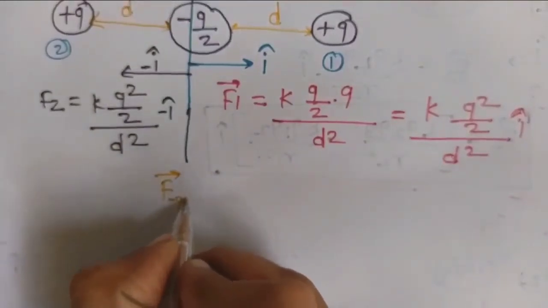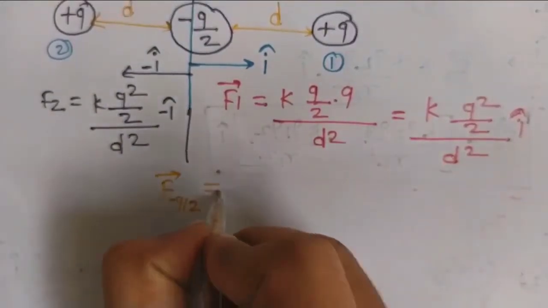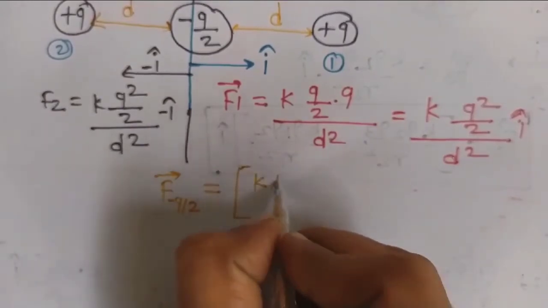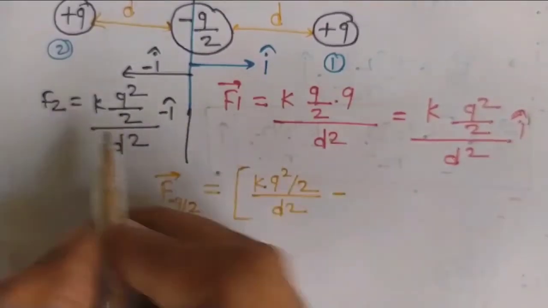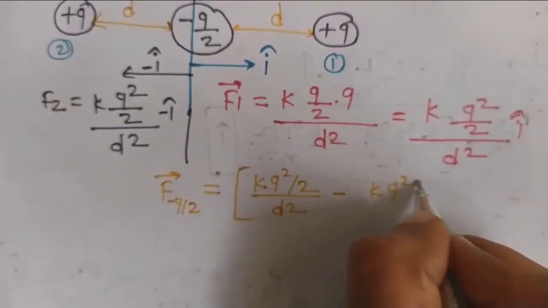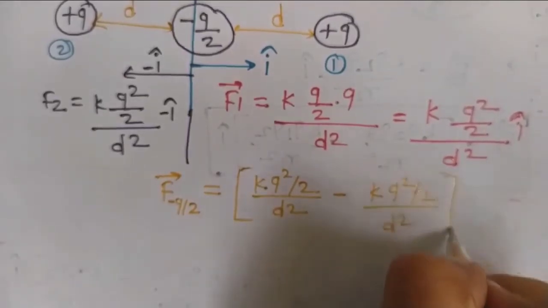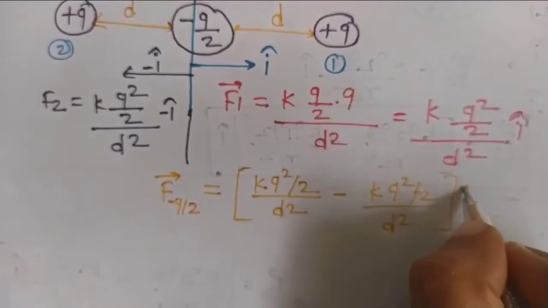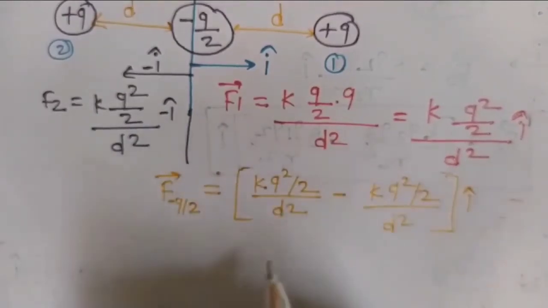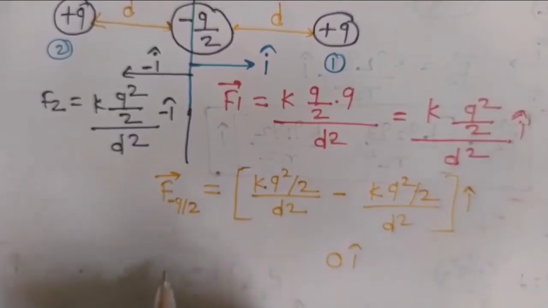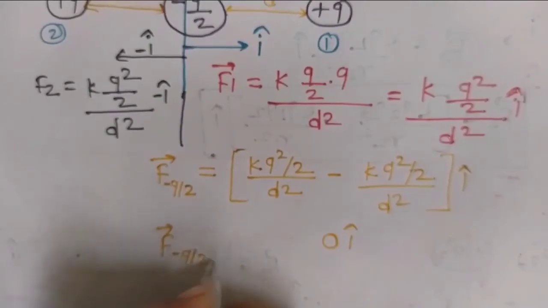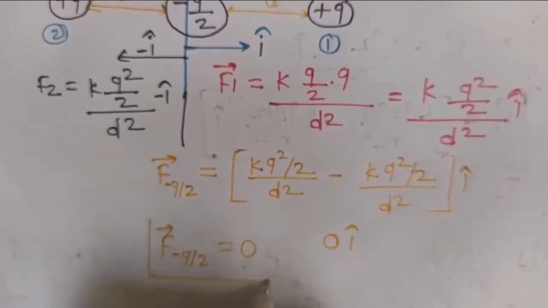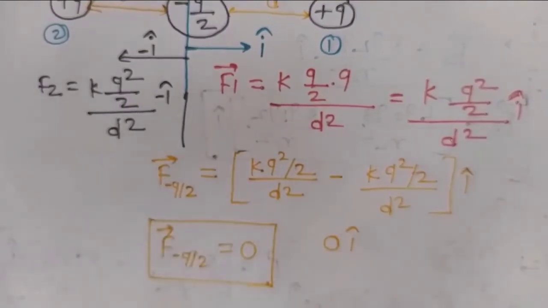The net force F on minus Q by 2 is equal to K Q square by 2 upon D square minus K Q square by 2 upon D square I cap. This is the same quantity, so it becomes 0 I cap, that is F on minus Q by 2 is equal to 0. That is, the net force on the charge minus Q by 2 due to these two charges plus Q and plus Q is 0.